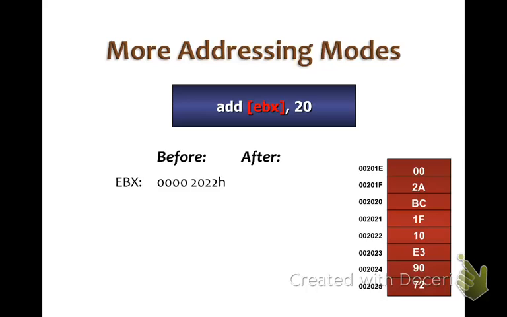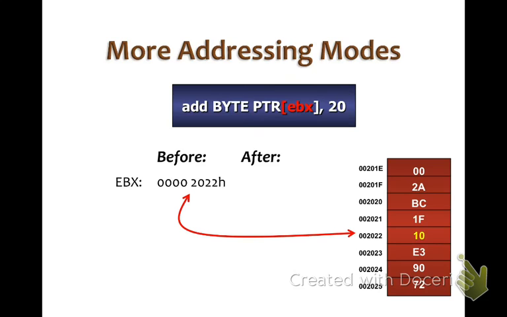Okay, we left off with this conundrum, and the heart of the problem was that there is no size indication in either the source or destination operand. So when the machine goes to execute this, it knows that I'm going to add 20 to what EBX is pointing at, but here's where I can use another directive. Do you see what we've added here?